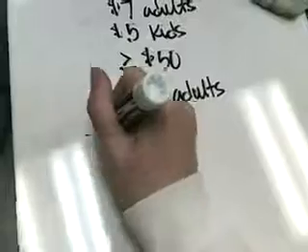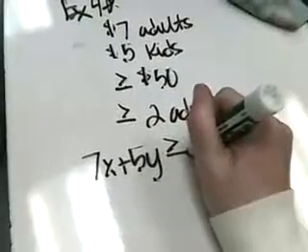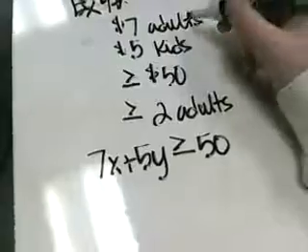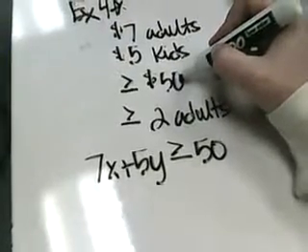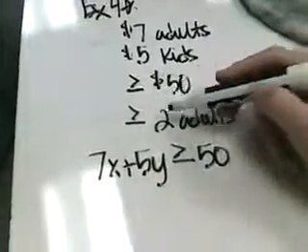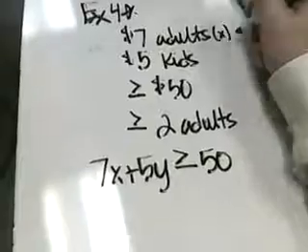So we have 7x plus 5y is going to be greater than or equal to, because remember it said at least 50. So we've used these 3 pieces. This last piece says adults. We want at least 2 adults. Well, you put the 7 with x.